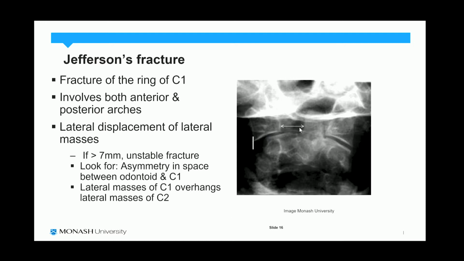So here we can see the lateral mass of C1, and it overhangs C2. Also an increase in the distance between the dens and the lateral mass of C1. So the main thing is to look for asymmetry in distances, and if that is greater than 7 millimeter, it's an indication of a very unstable fracture.